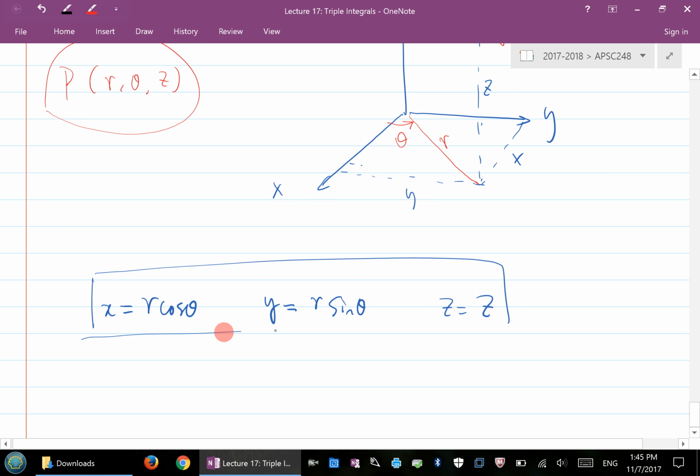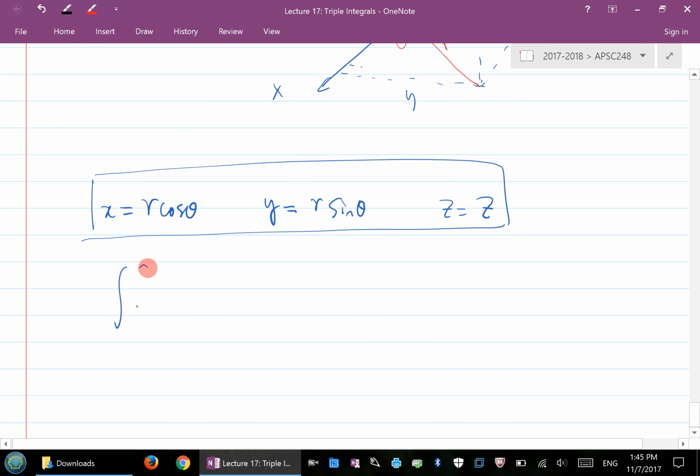So bottom line is, when you do the change of variables, or when you're using a different coordinate system, you will replace the x with r cosine theta, replace the y with r sine theta, and replace the z with the same z. So now, if I have a triple integral here, let's say originally it's f(x, y, z) dV, where dV can be anything, dx dy dz, or dz dx dy, doesn't matter.